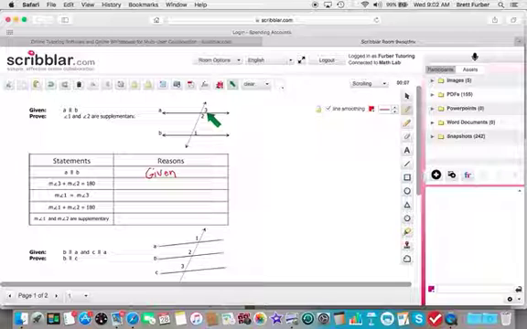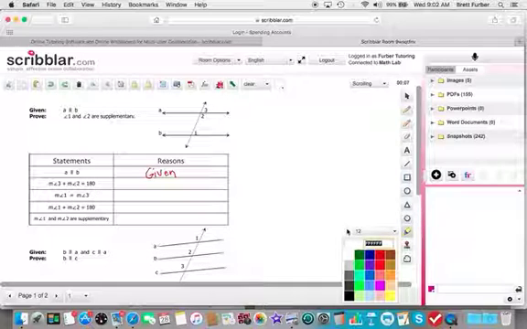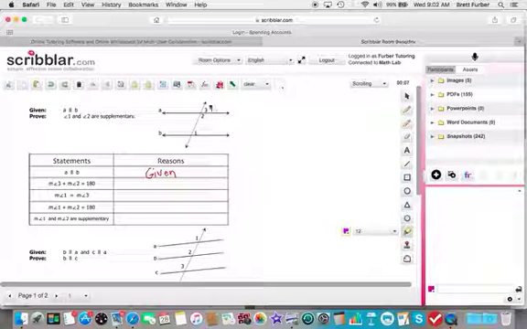Now, you should recognize from our last chapter that the reason why the measure of those two equals 180 is because they share a straight line right here, okay? And since they share a straight line, two angles that are adjacent to each other and share a straight line are going to add to 180 because a straight angle equals 180, okay?